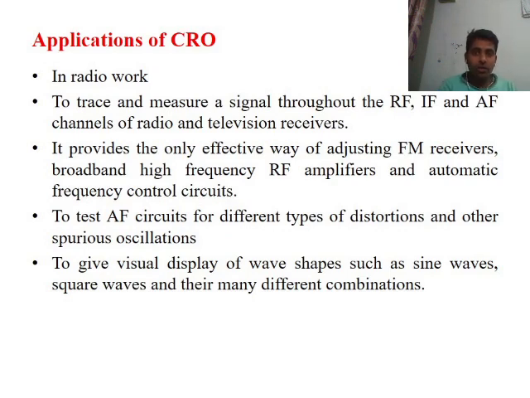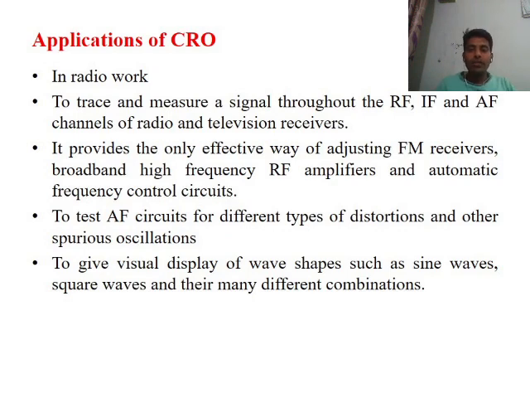It is also used in audio frequency circuits with different types of distortion, and majorly to check the shape of the signal. Along with the shape we can also calculate the amplitude, frequency, period, and of course slew rate also. So these are the different applications of CRO.